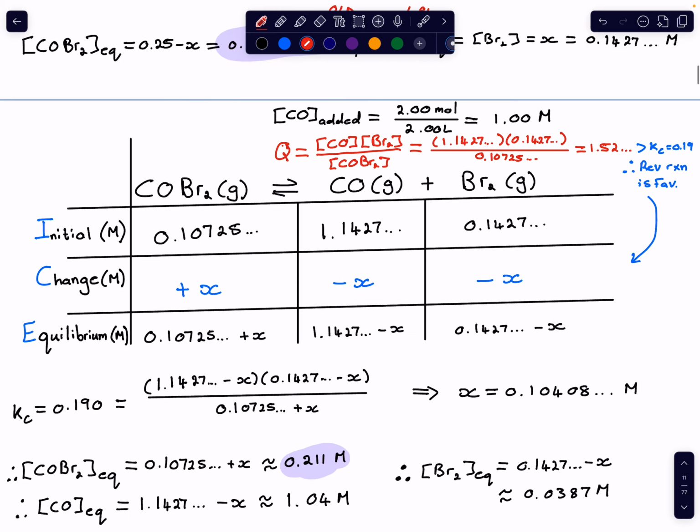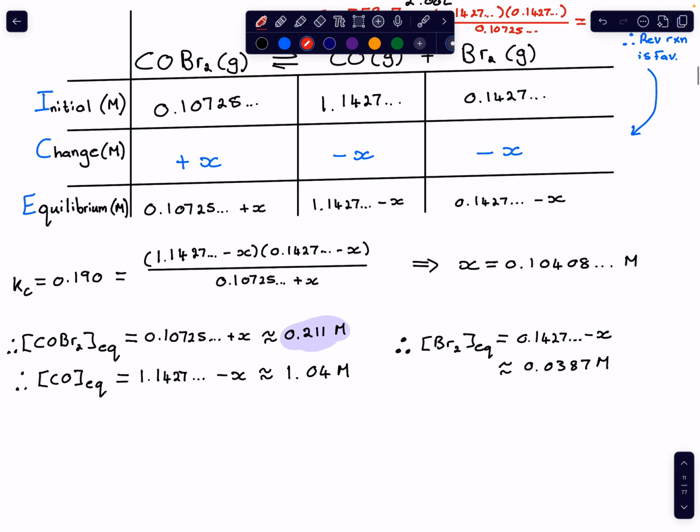But by adding the CO, we see that now there is 0.211 left of it. And that means that there's only 0.04 of it that actually reacted. And that means it's less than a fifth. So the percentage decomposition here is only about 20%.